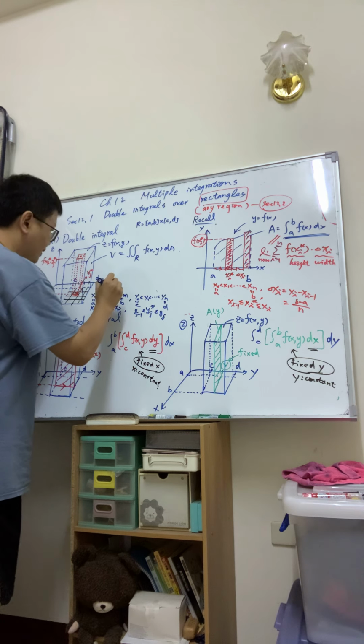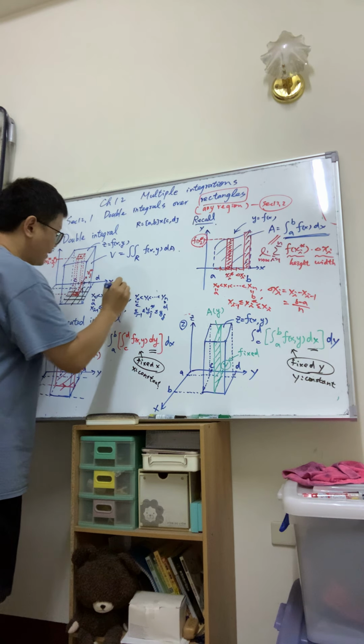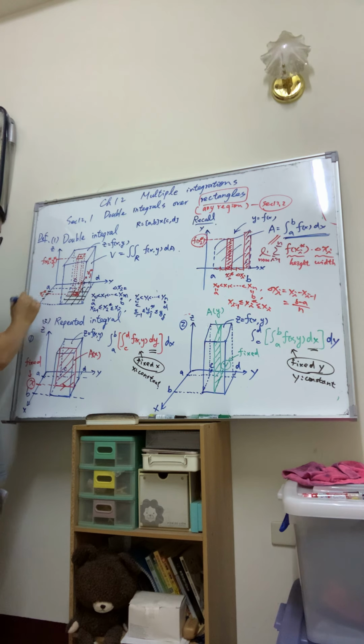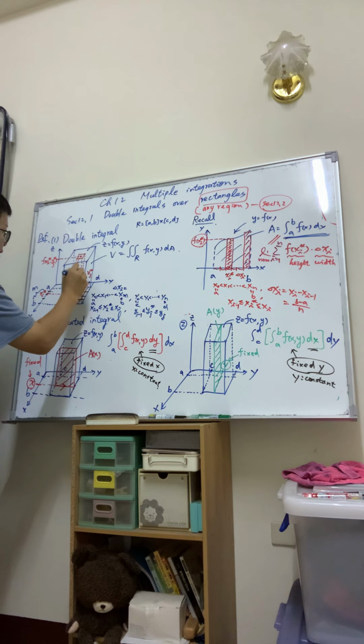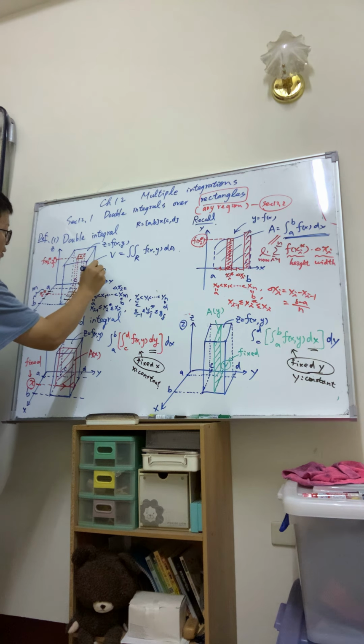And we also have delta xi. For the interval CD we divide it into n subintervals, and for AB we divide it into n subintervals. Here n subintervals, and here n subintervals.